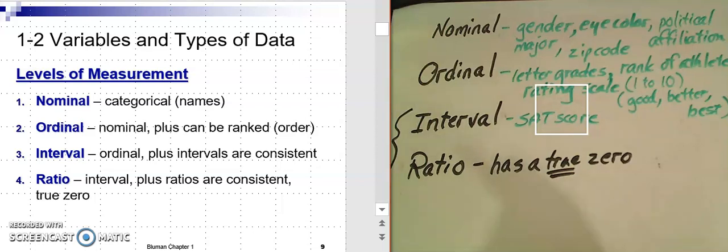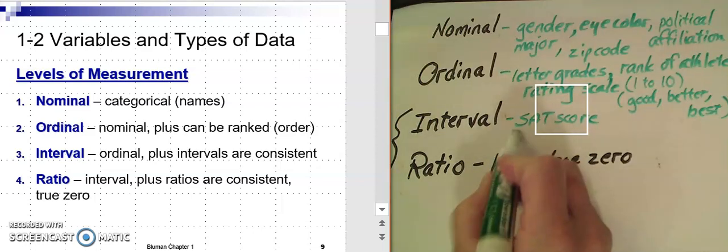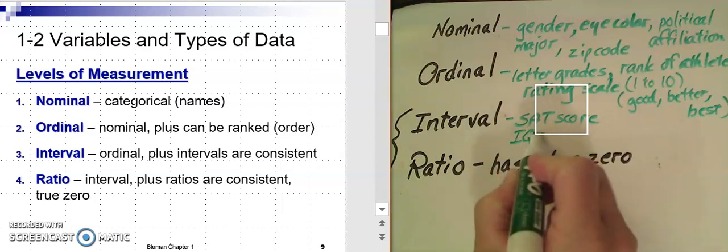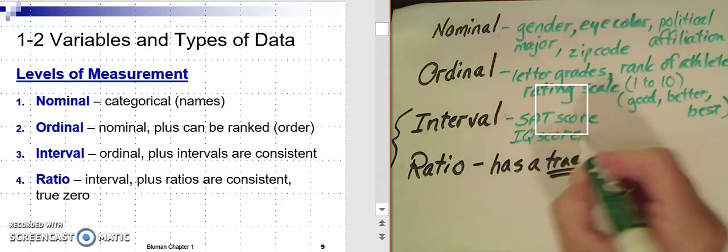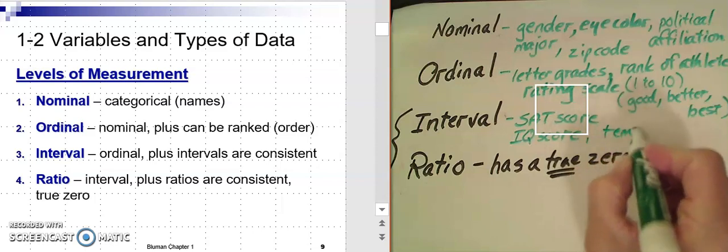Same thing's true for other types of measures, like an IQ score. You're not going to measure even someone who is very, very limited in intellect. They're not going to measure a 0 on an IQ score. Temperature is another one of those measurements.